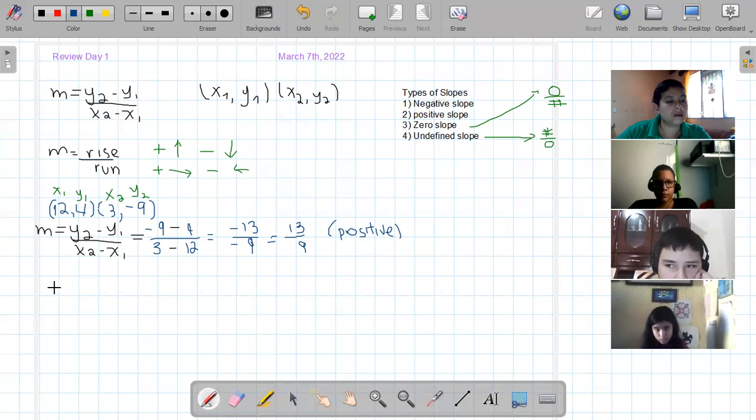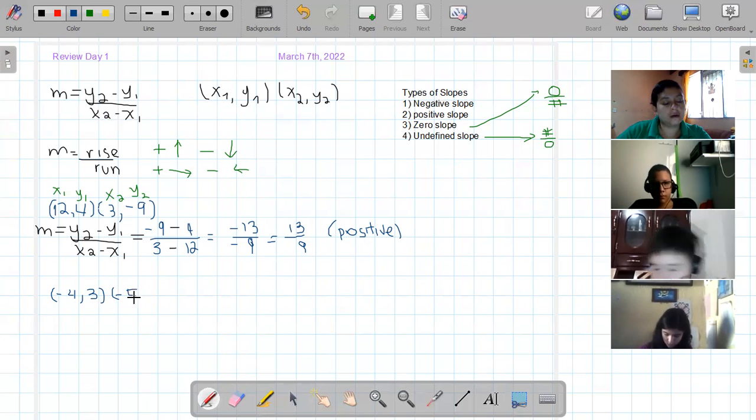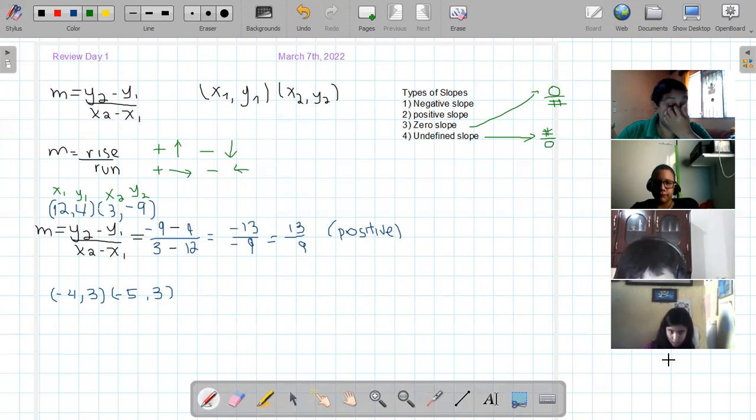Let's do another one. Let's say that we have the points (-4, 3) and (-5, 3). Which point is going to be x1, y1? Remember, it doesn't matter. It could be any of those.